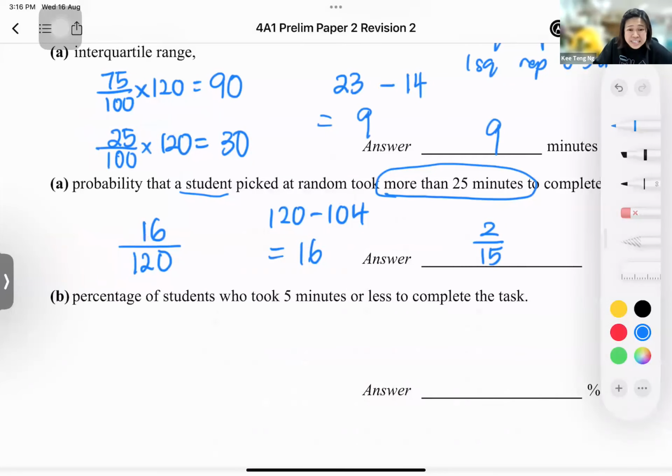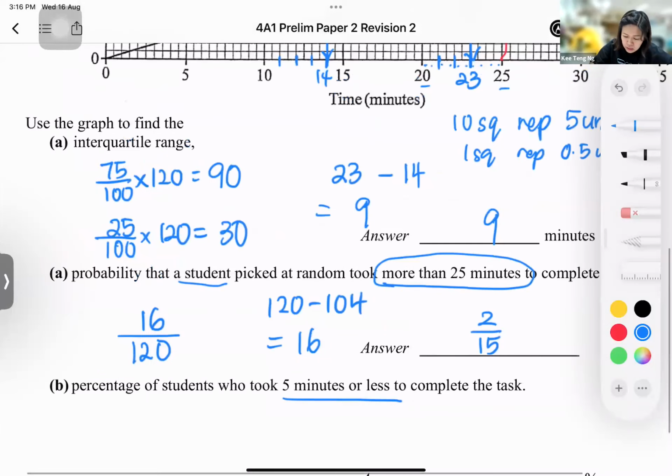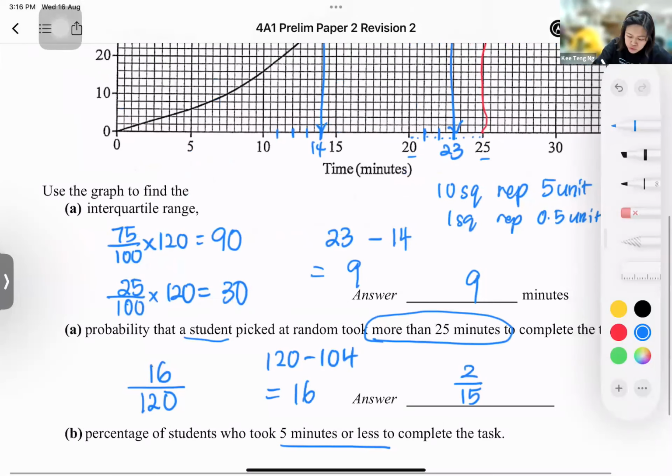Next one, find the percentage of students who took 5 minutes or less. Less means the ones at the bottom. So I need 5 minutes or less. Then I check my number: 1, 2, 3, 4, 5. 5 squares represent 10 students, 1 square represents 2 students. So 2, 4, 6. This means 6 students.